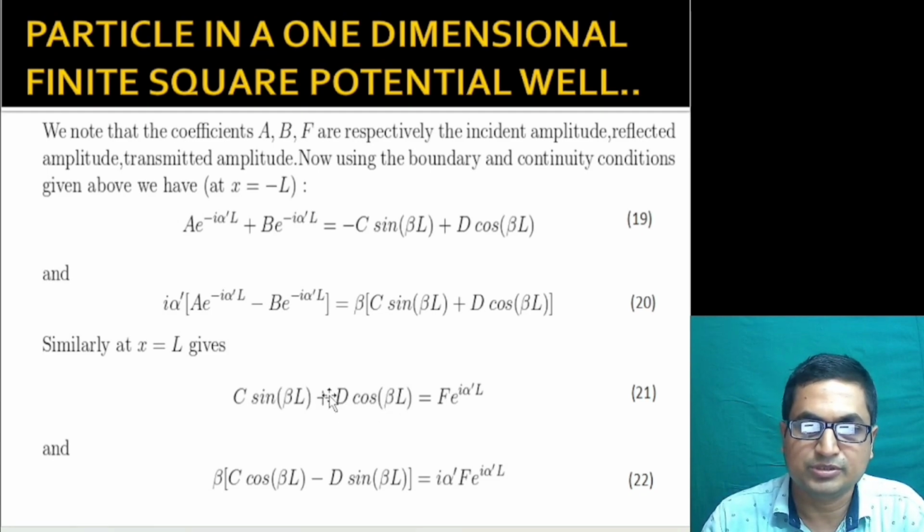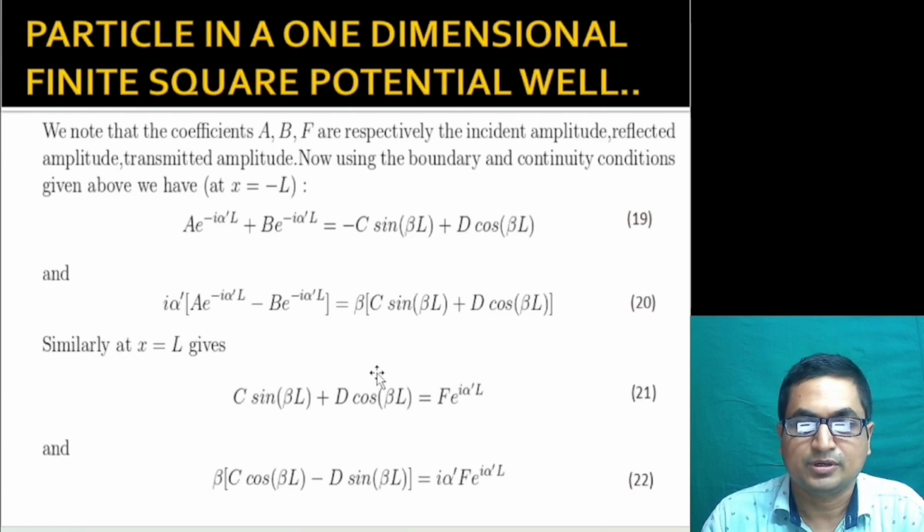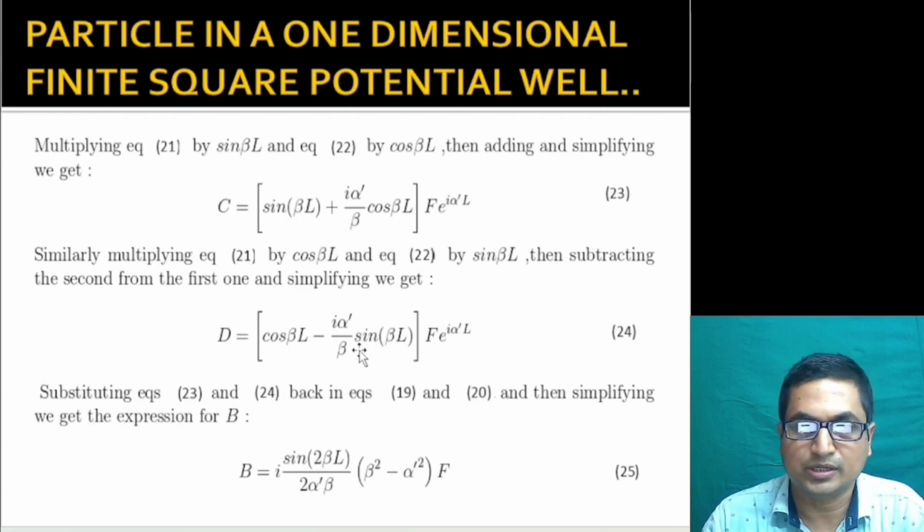This continuity and boundary condition will lead to these equations 21 and 22 respectively, where we are using the wave functions given by 17 and 18, because we are considering the boundary between regions 2 and 3. So with all this and then simplifying, multiplying 21 by sin beta L, then 22 by cos beta L, and doing all these simplifications, we get the expression for C.